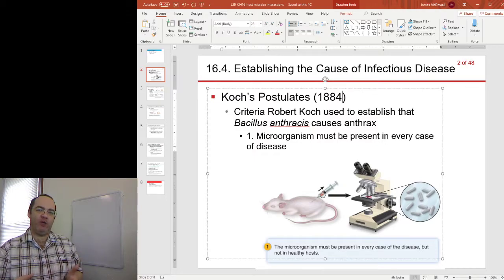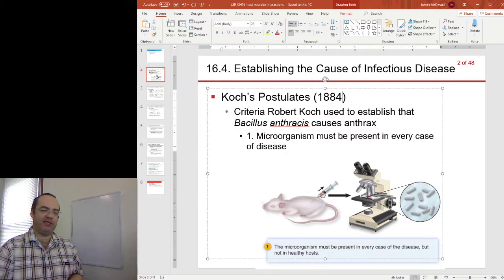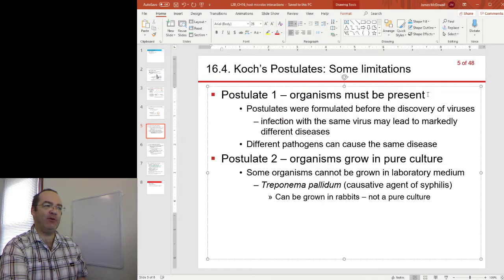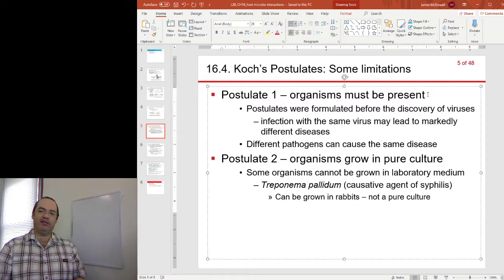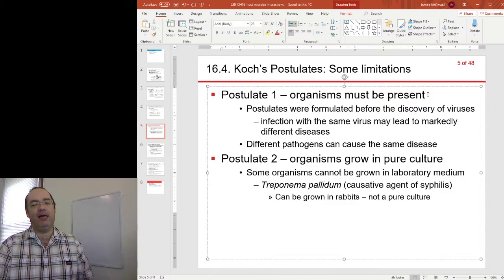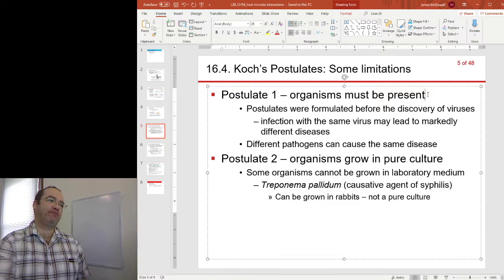And maybe now we know they're not adequate for investigating maybe most diseases. So postulate 1, the organism must be present in the diseased animal, but is not present in an animal that does not have the disease.